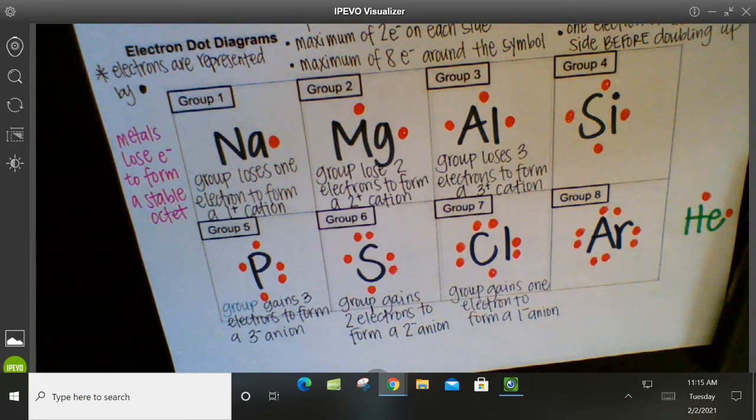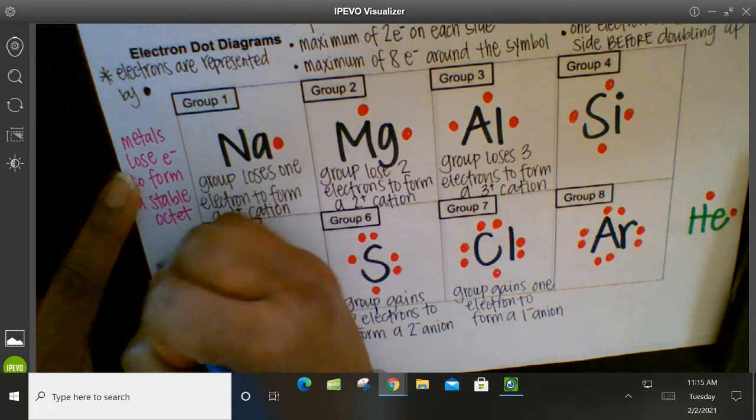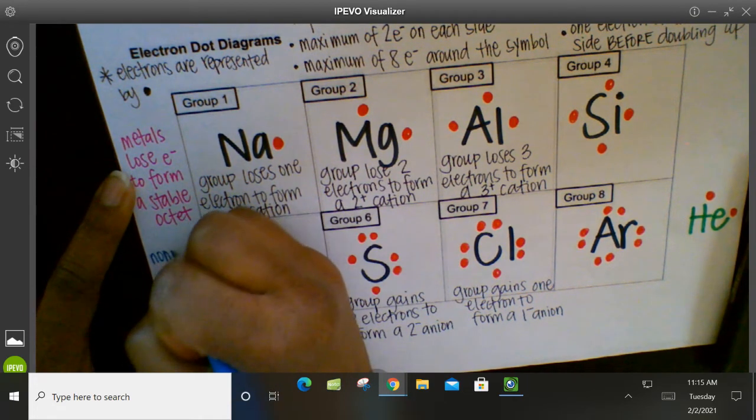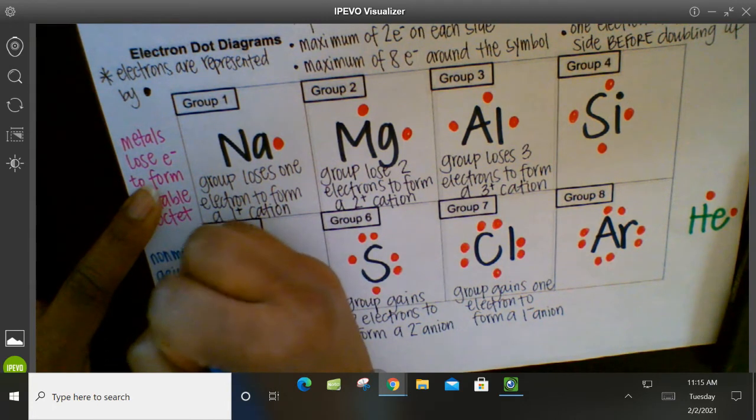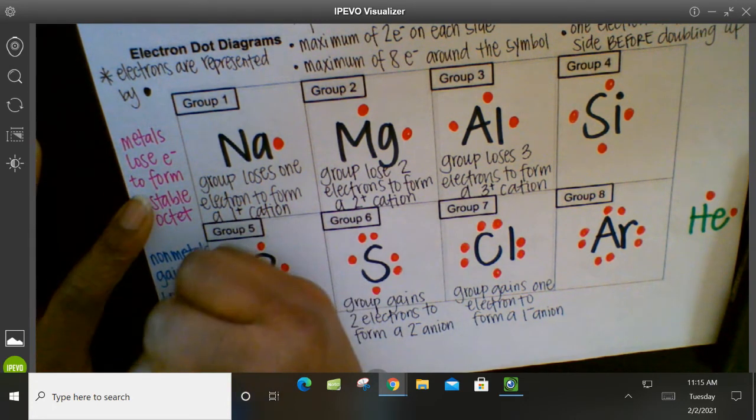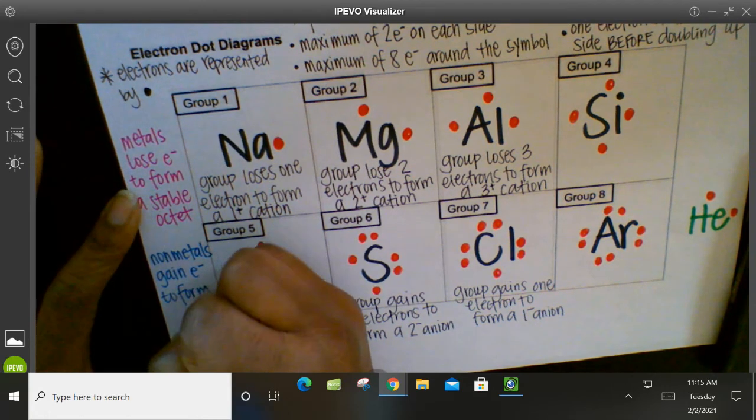Whereas your nonmetals, on the flip side, they are gaining electrons to form their stable octet.